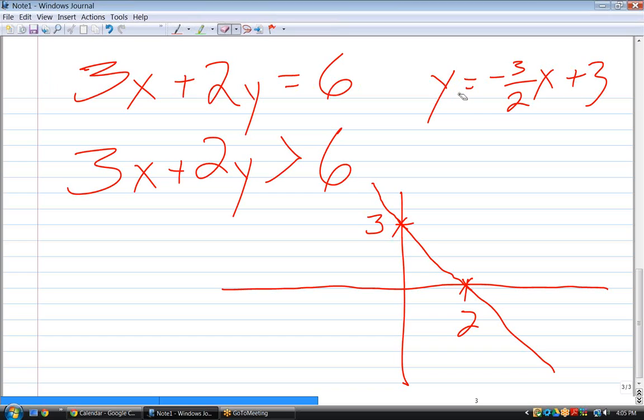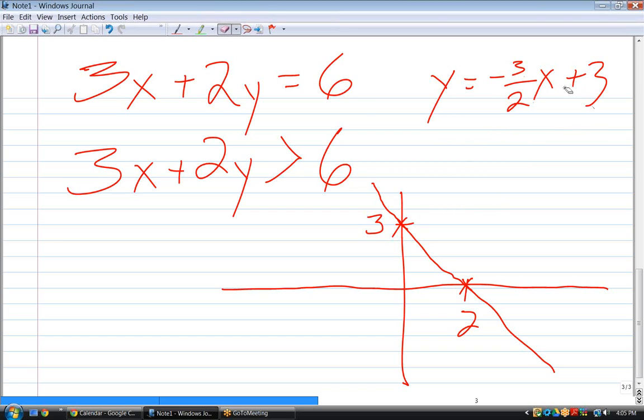Now, if I gave you this equation, you would start at 3, use the slope, and go down 3 and over 2. So you would end up with the same line. But what's easier to do? First one. Yeah, by a lot.